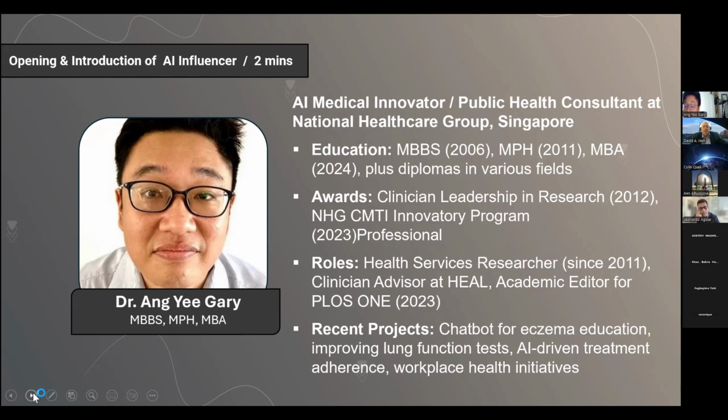Recent projects include a chatbot for ischemia education, improving lung function tests, AI-driven treatment adherence, and workplace health initiatives.